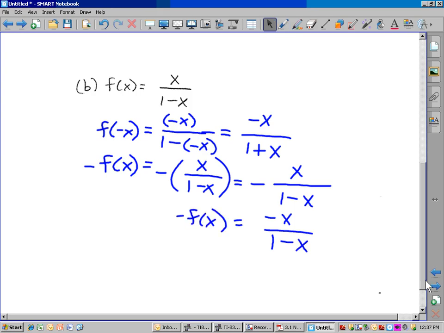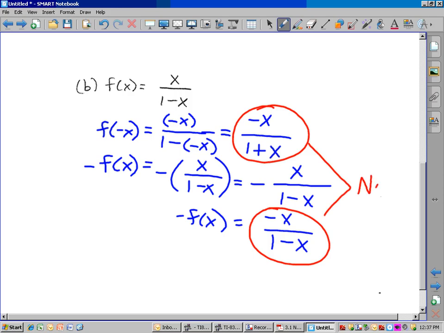All right, so let's compare here. We're going to compare this and this. Are those two the same? Let's look. Yes or no? No. So it's not odd. Now, we're comparing the original and f of negative x.